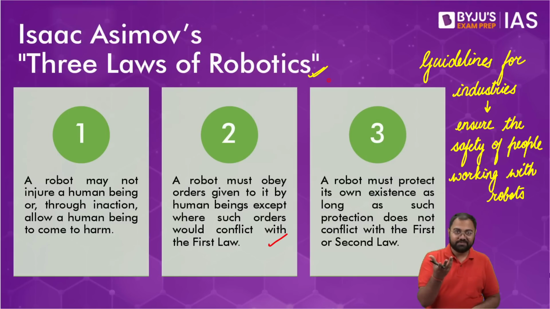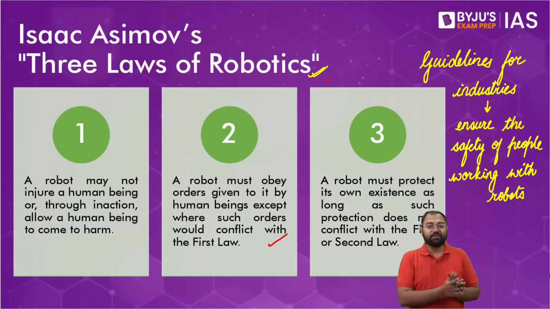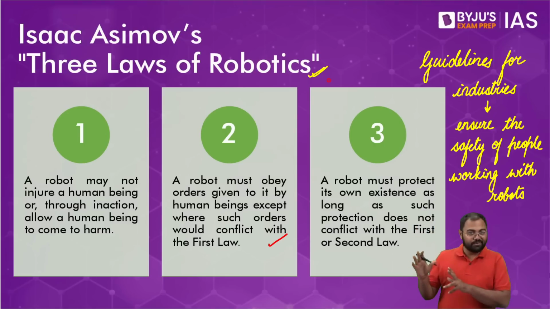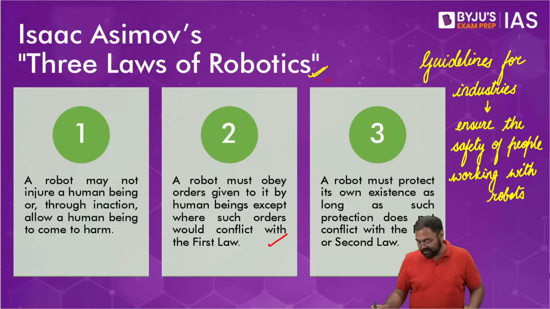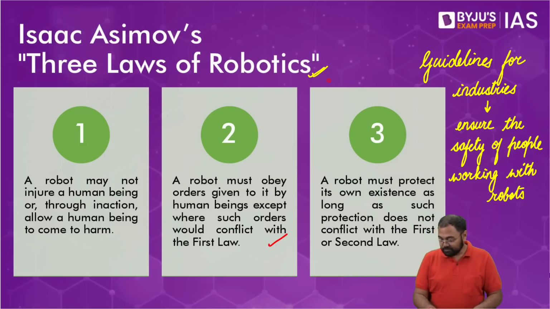If any one of you have seen it, the film I, Robot basically mentions these three laws as well. And even if you look at the Indian films that have been made, the two famous films where you have Sir Rajnikant, there also you'll see the violation of these laws in those movies, and how violation of those laws can actually lead to some kind of a difficult scenario, right?